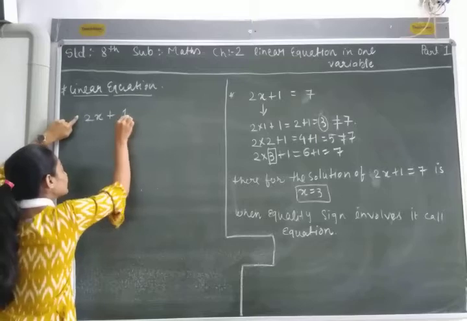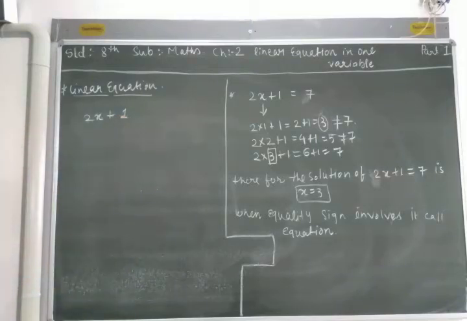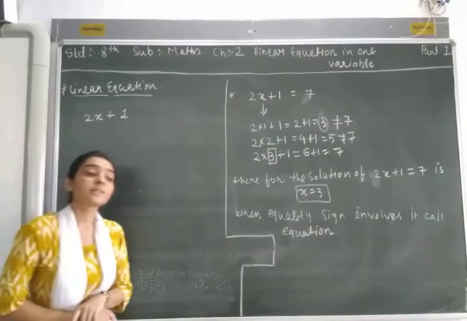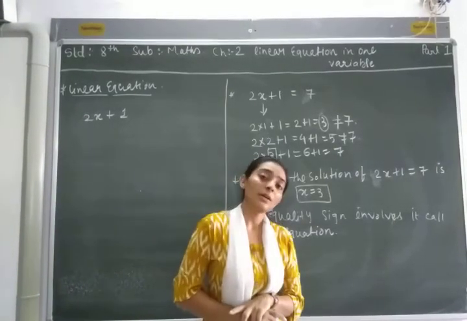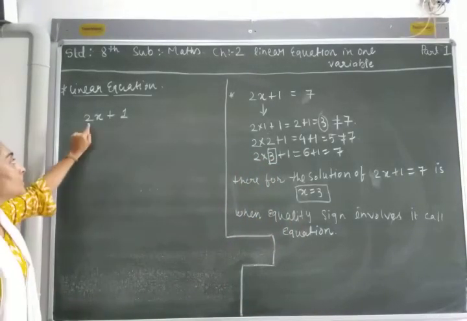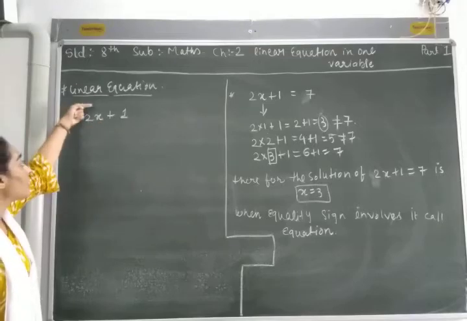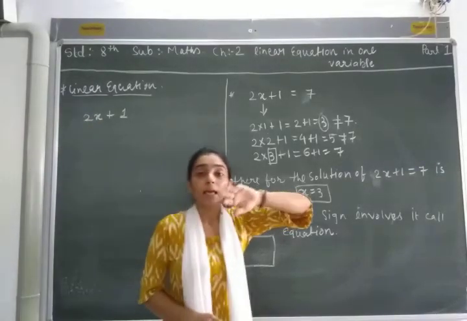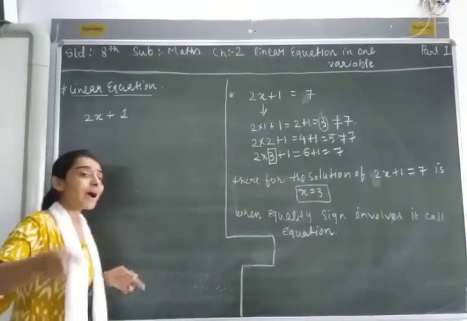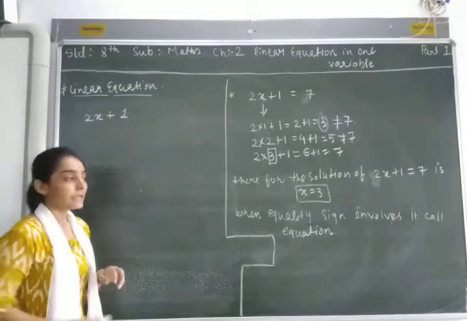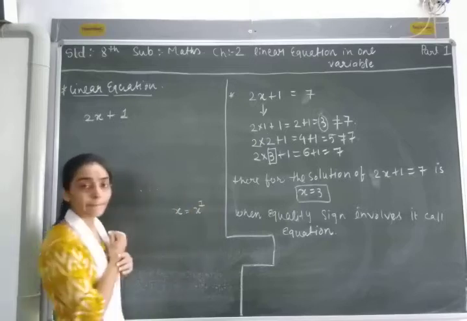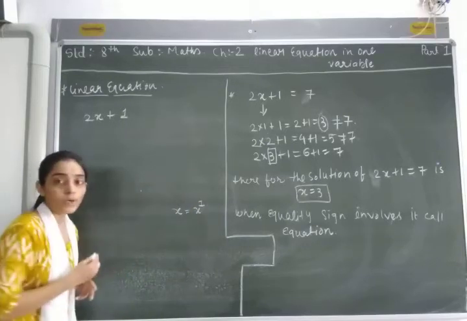Let's understand what is linear first, then we will talk about the linear equation later. Observe the degree of x, which means the power. What is the power of x? x is single, so the power of x is 1 only.